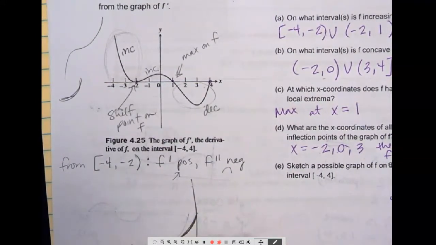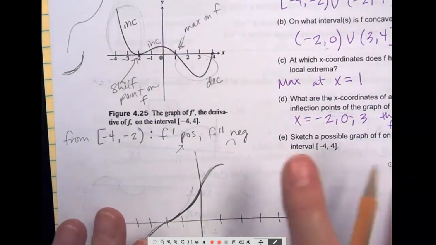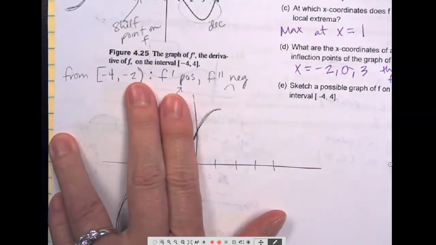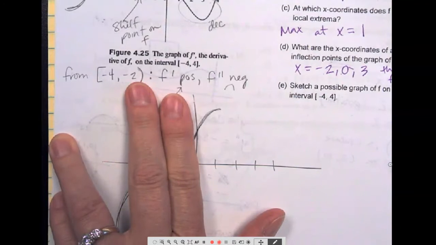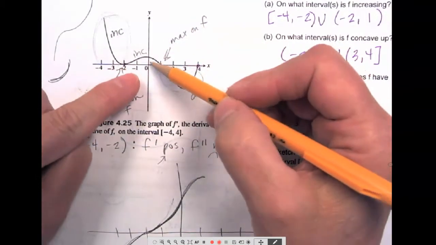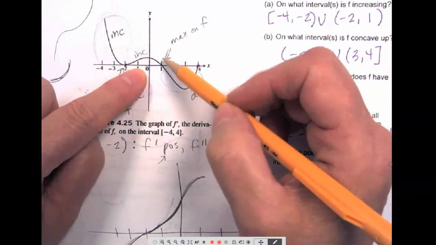Okay, but then I have another point of inflection. So that means it's going to change concavity. So right there I have concave up, but right there I need concave down. Okay, so at 0 the concavity changed because this slope changed.